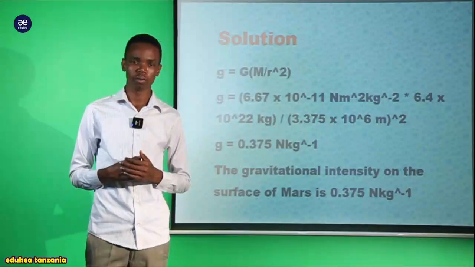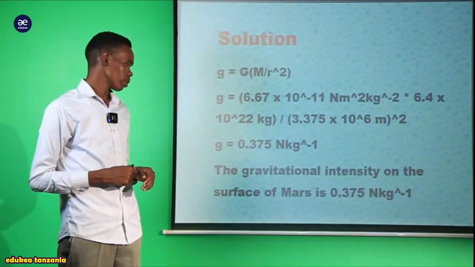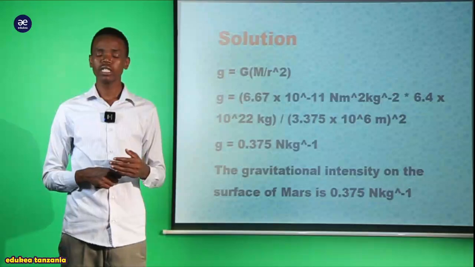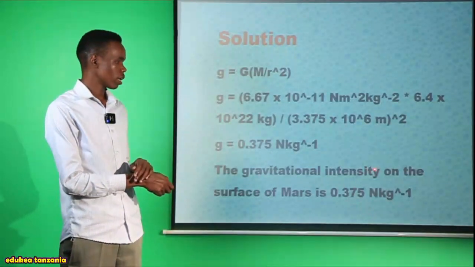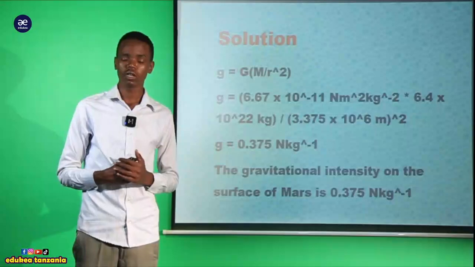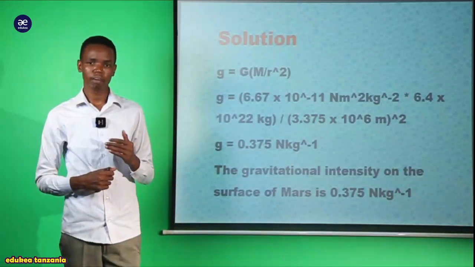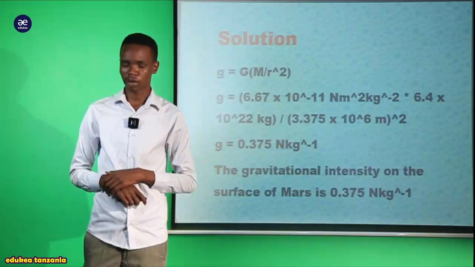This should be our unit. After that we conclude by saying that the gravitational intensity on the surface of Mars is equal to 0.375 Newton per kilogram. This should be our unit here.